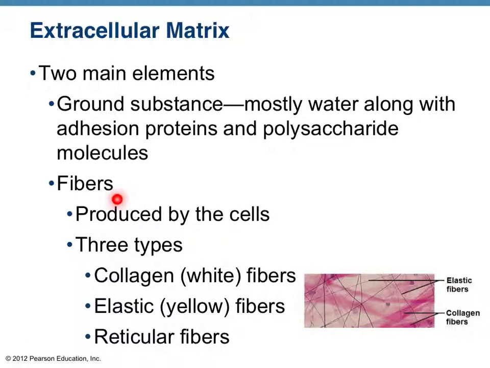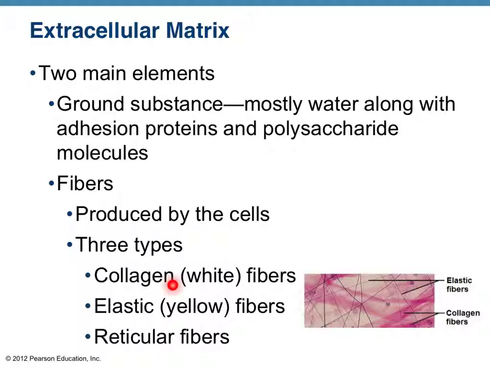There's three main types, and what we will focus on are probably these first two. These collagen fibers, called white fibers, though they typically show up in different colors, or elastic or yellow fibers. The collagen fibers are typically for strength. They give a lot of tensile strength to resist stretching and twisting.